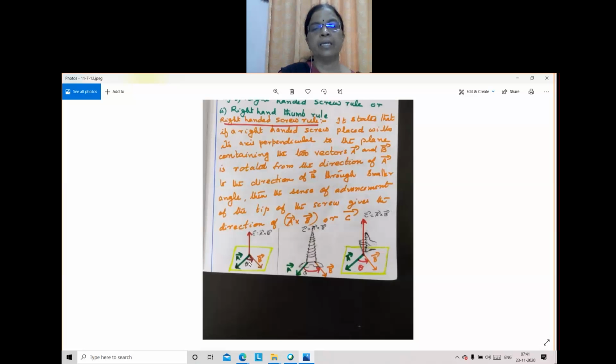Then rotate from A to B. Then the sense of advancement of the screw gives the direction of A cross B.